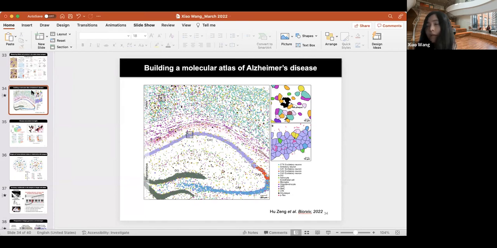If I go back to the first STARmap data, we did a 3D local cell cluster analysis in mouse visual cortex, and we see 3D distance is much more accurate than 2D distance. So next we definitely want to do this in a relatively thick tissue, so that we can directly do 3D measurements of distance.